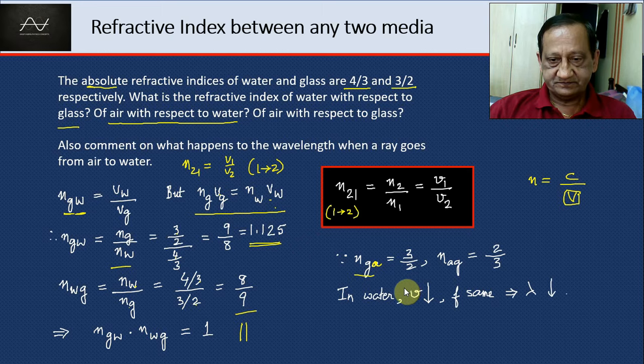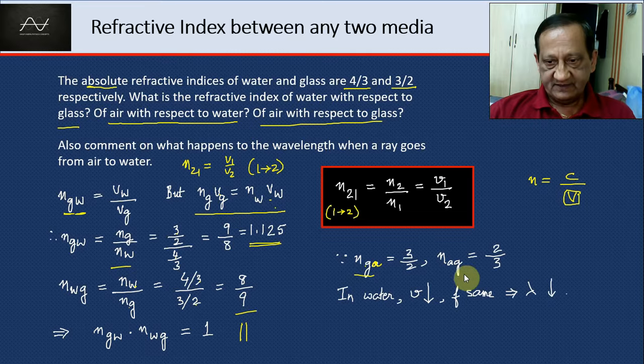NGA means the ray is going from air to glass, that is known to be 3 by 2. But he's asking of air with respect to glass, that is NAG. From the formula NGW into NWG equal to 1, therefore NAG will be 1 upon NGA, which is 2 by 3.